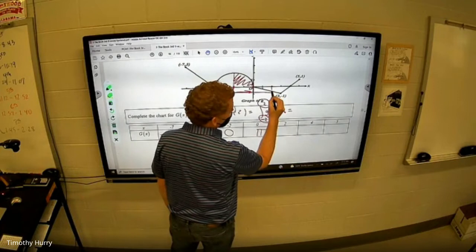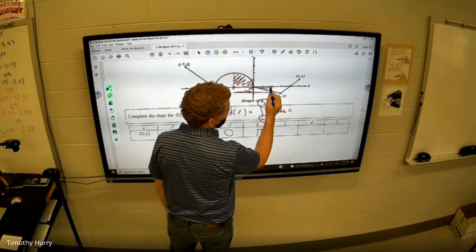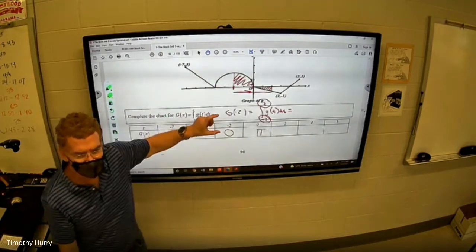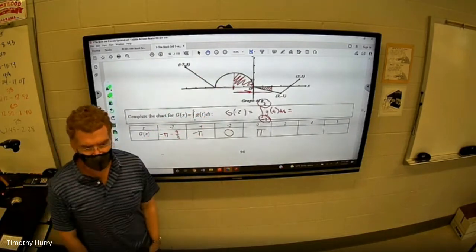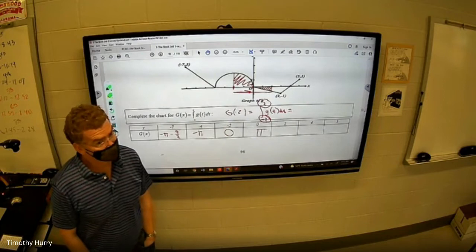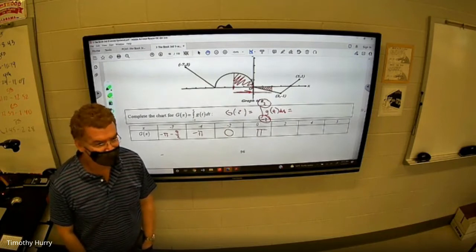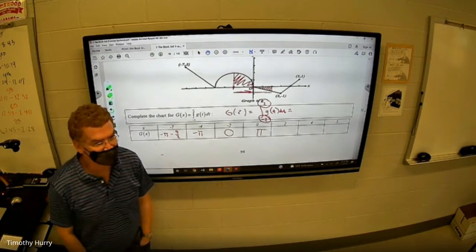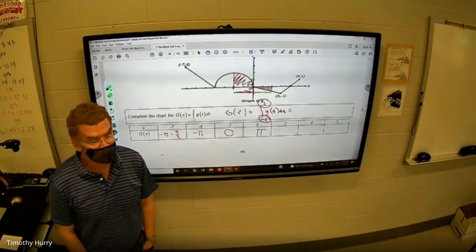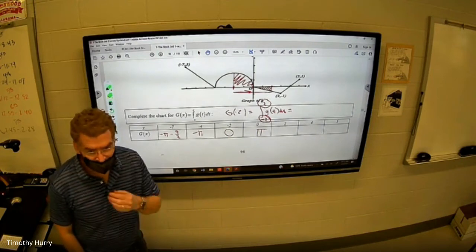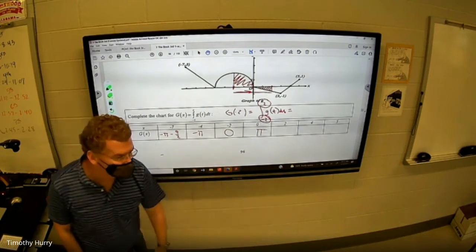Now this part's tricky. That's the area at 2. What is the height of that? I gotta find it. Now guys, you didn't spend a year in geometry just for fun. Half of geometry was about proportions. You did proportions all the time, right?